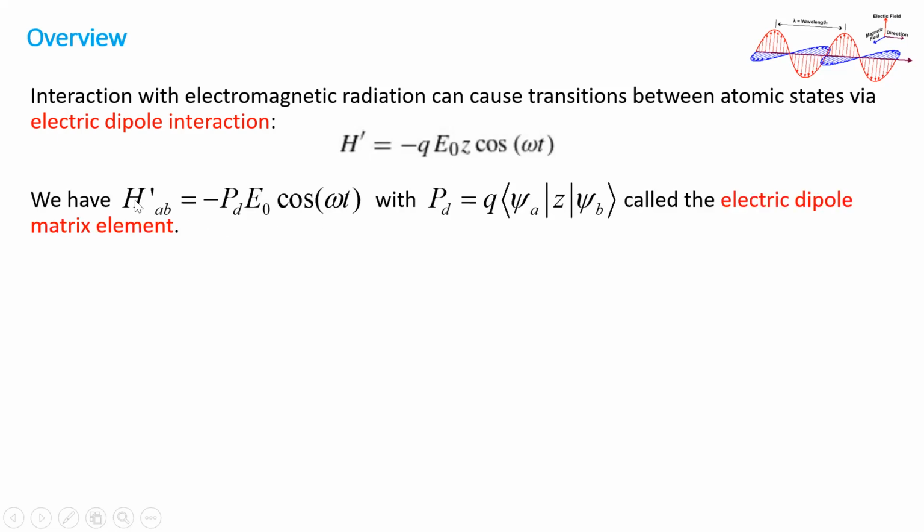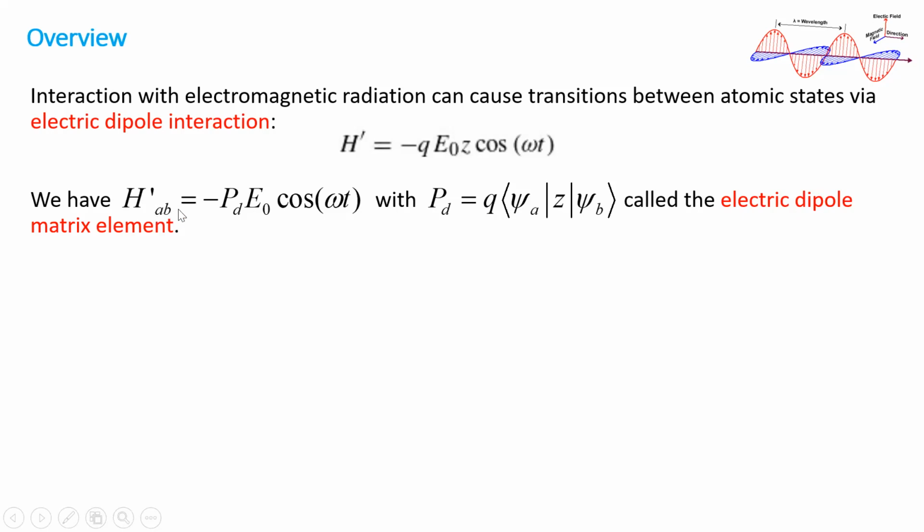Now what we're interested in here for the purposes of calculating the probabilities is the matrix elements of this between two possible states of transition, say psi A and psi B in the atom.